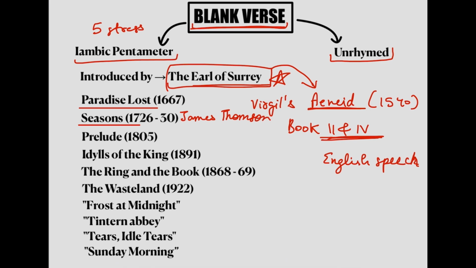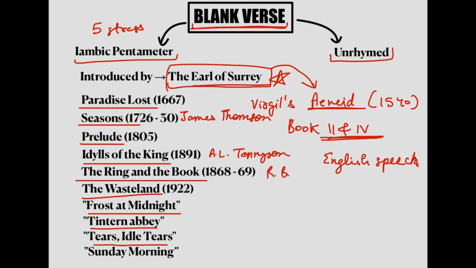James Thomson, William Wordsworth's Prelude, Idylls of the King by Alfred Lord Tennyson, The Ring and the Book by Robert Browning, The Waste Land by T.S. Eliot, Frost at Midnight by Coleridge, Wordsworth's Tintern Abbey, Tears, Idle Tears by Tennyson, and Sunday Morning. All of these works are written in blank verse. Please remember all these works. These are written in blank verse.